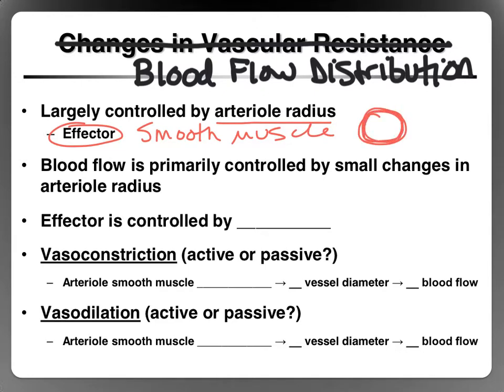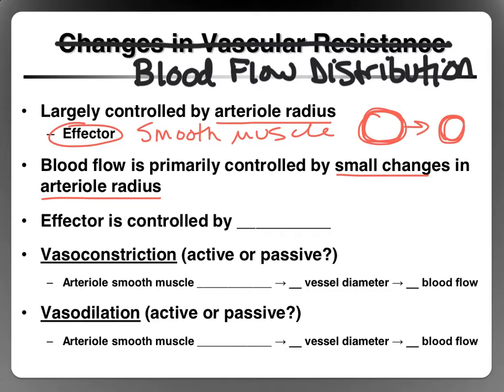And if the muscle contracts, the arteriole gets smaller. Okay? The smooth muscle in the wall contracts, the arterial radius gets smaller, which reduces blood flow that's going wherever that arteriole is going. So blood flow is primarily controlled by small changes in arterial radius.